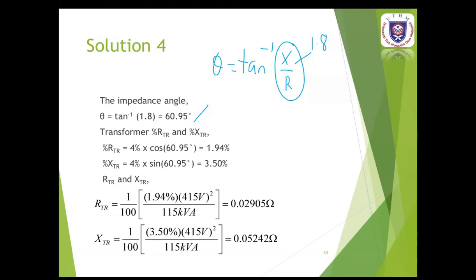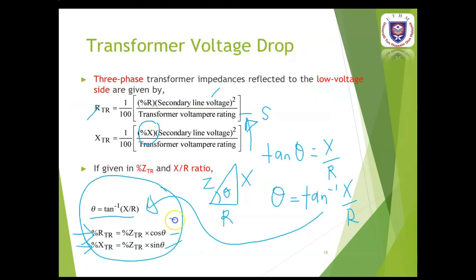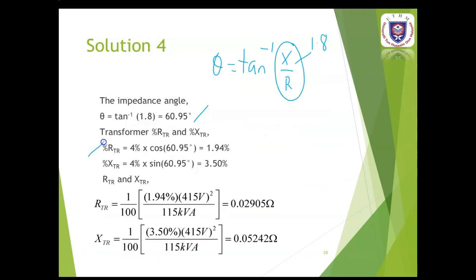Then you calculate the percentage of the resistance and the percentage of the reactance of the transformer, using these two equations. You insert all the values here, and you get 1.94% for the resistance and 3.5% for the reactance.